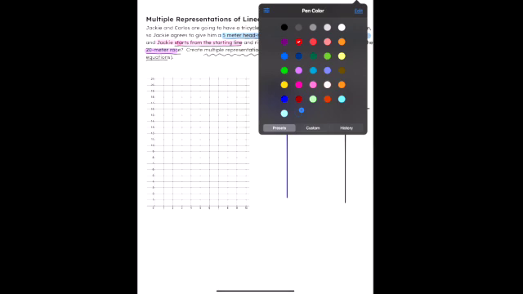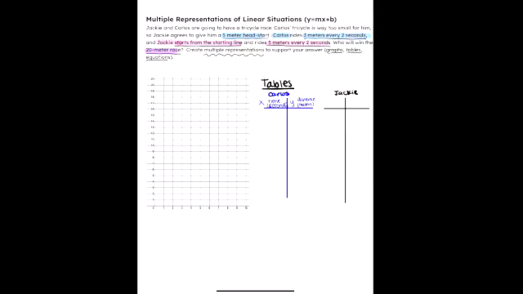So the first thing that they tell us is that Carlos gets a 5-meter head start. That means that after 0 seconds, he's already 5 meters into the race. So we go with 0 and 5. The second piece of information is that he rides 3 meters every 2 seconds. So that means that our x value is going to increase by 2, and our y value is going to increase by 3.